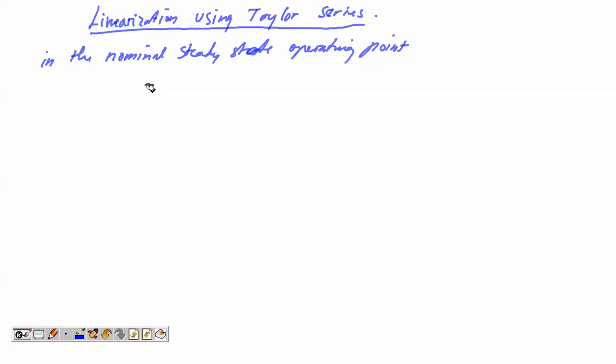So in the nominal steady state operating point, we assume that the nonlinear response is linear.